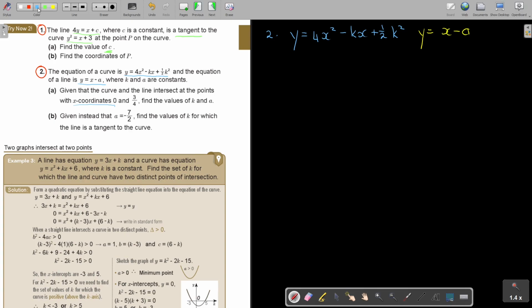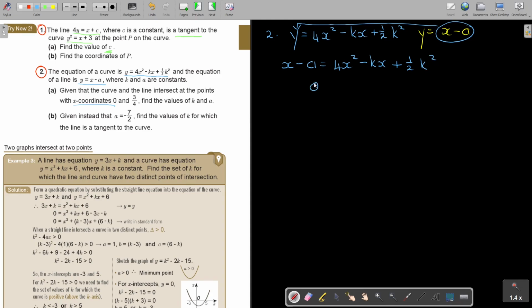Okay, now luckily both starts with y, so it's actually very nice. I'm just going to throw this in there. So I'm going to say x minus a is equal to 4x squared minus kx plus a half k squared.